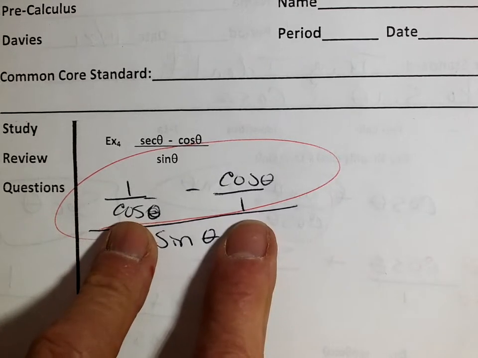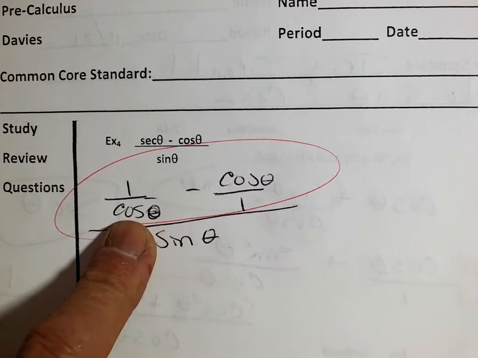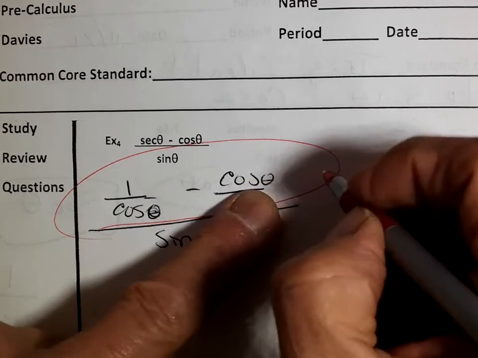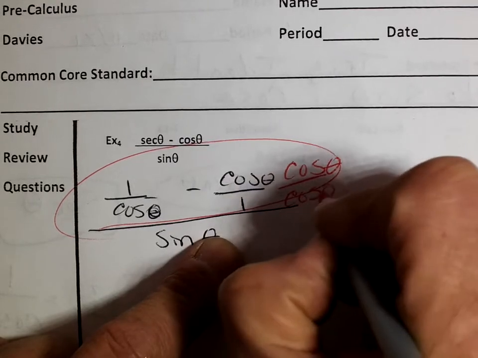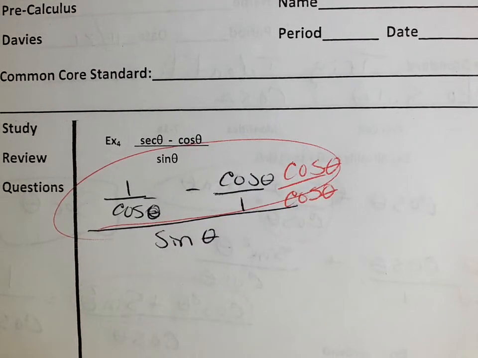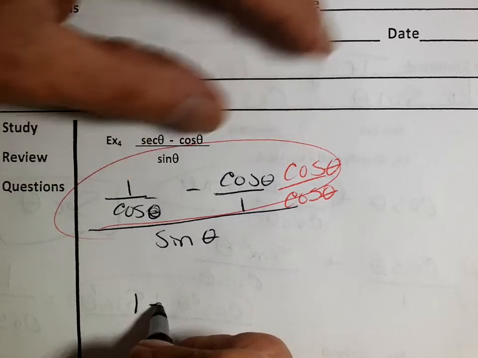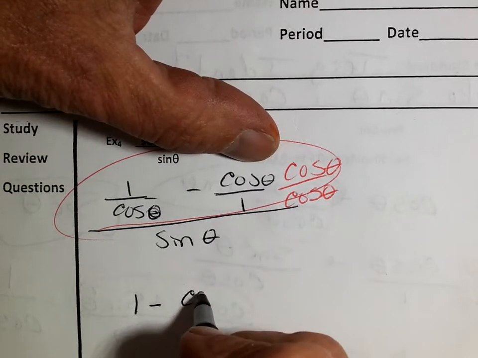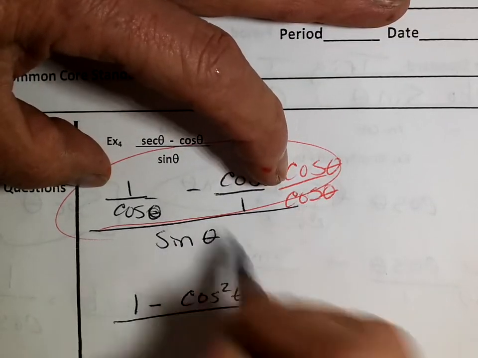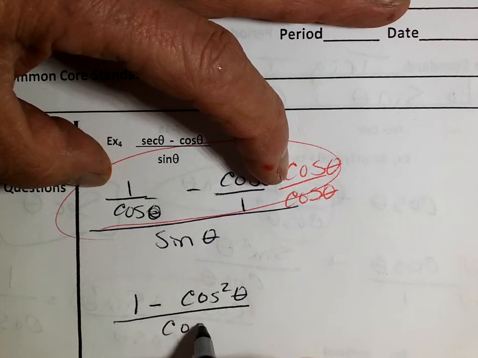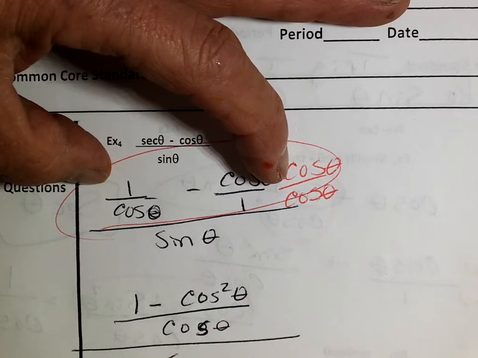If I want a common denominator, let's multiply the second fraction by cosine theta over cosine theta. How's that going to help? Well, I don't know. Let's check it out. So I'd have 1 minus cosine squared theta over cosine theta, all over sine theta.